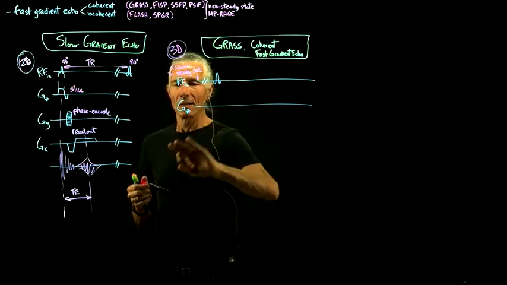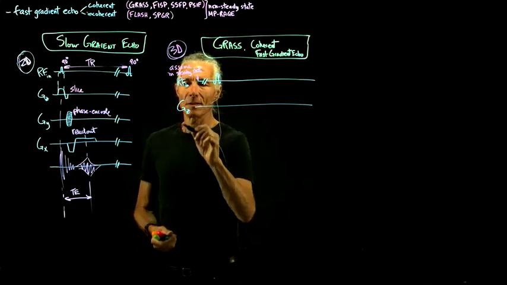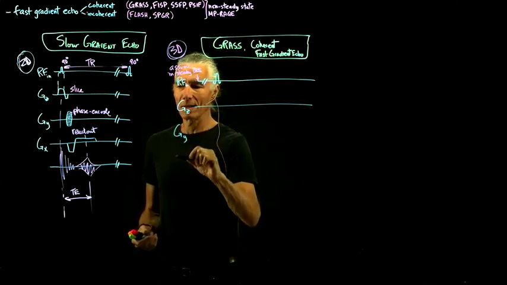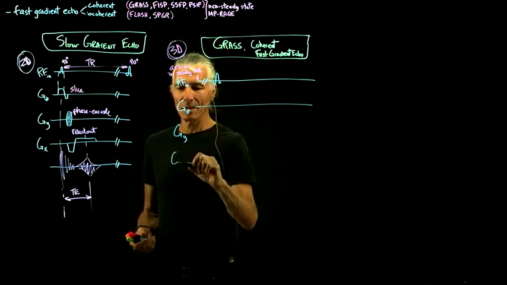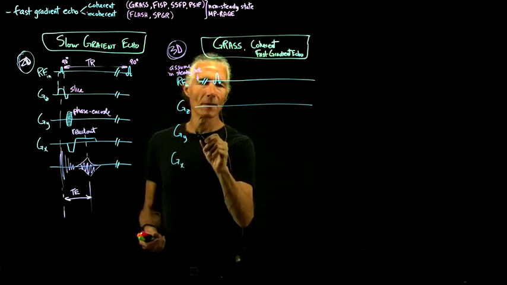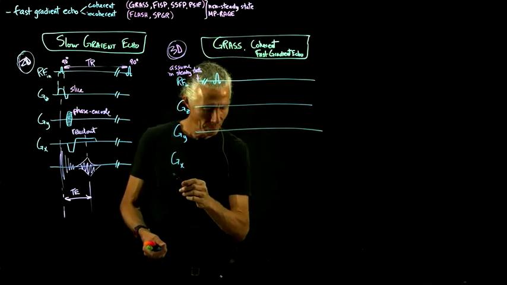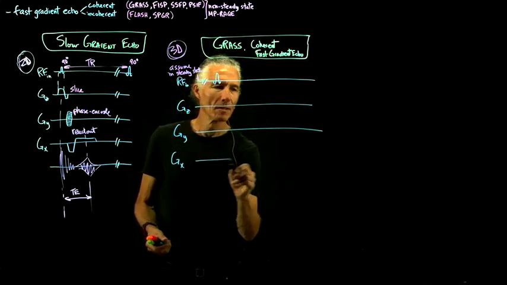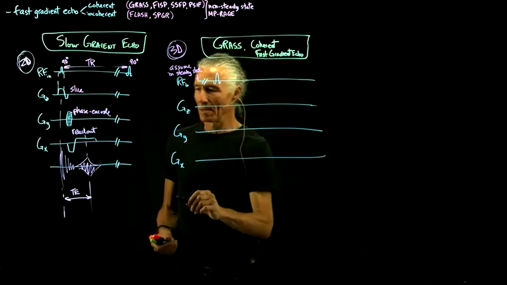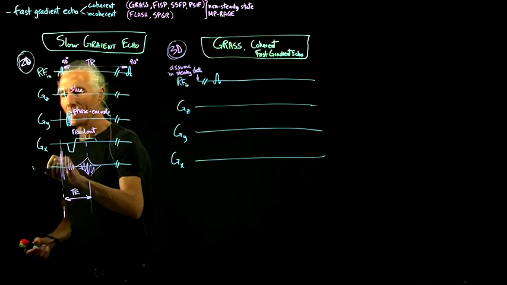So here's the y gradient and the x gradient. And here's what comes out, RF out.